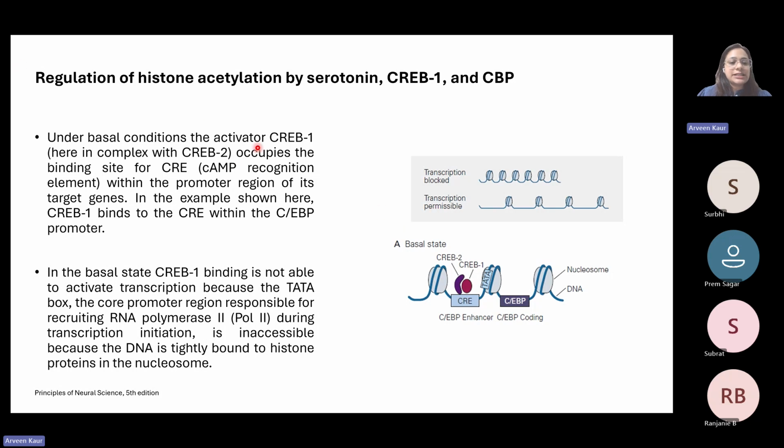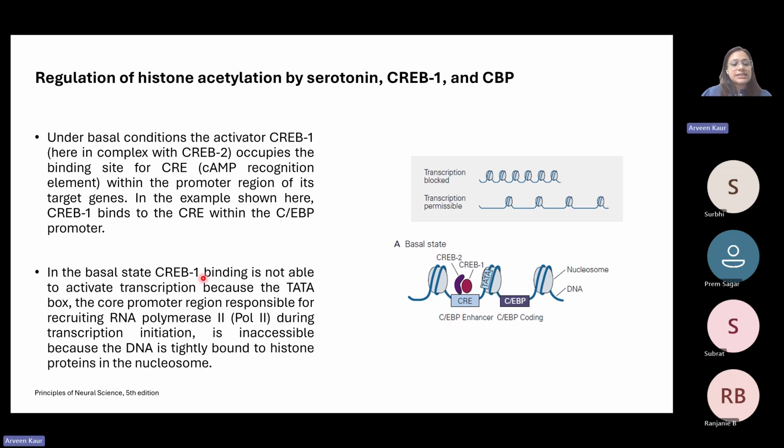Under basal conditions, the activator CREB1, here in complex with CREB2 over here, occupies the binding site of CRE, right, which is a cAMP recognition element within the promoter region of its target genes. In the example shown here, CREB1 binds to CRE within the C/EBP promoter over here.